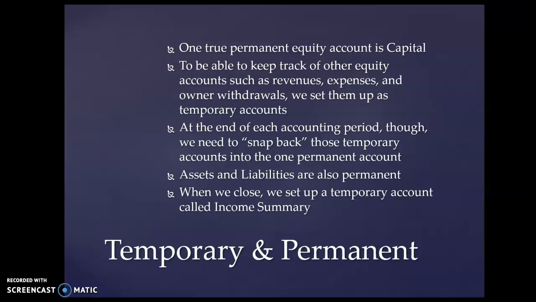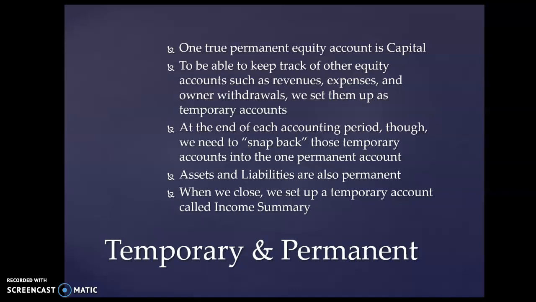It's never closed. So for all of those temporary accounts, we set them up, we use them for that accounting period, and then we have to close them out. We have to snap back whatever is in those temporary accounts back into the one true permanent equity account of capital.